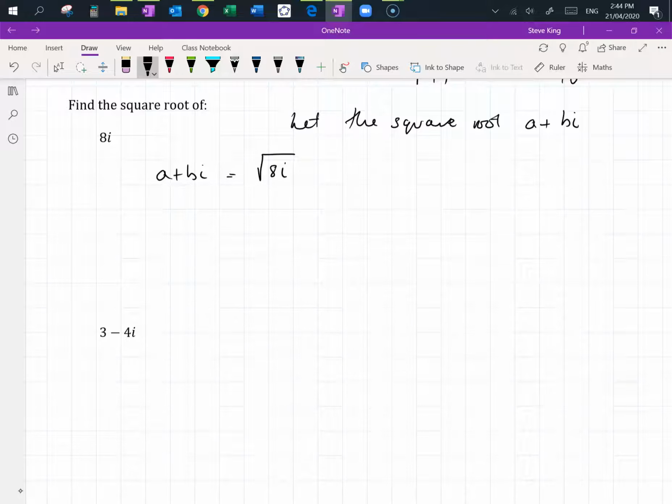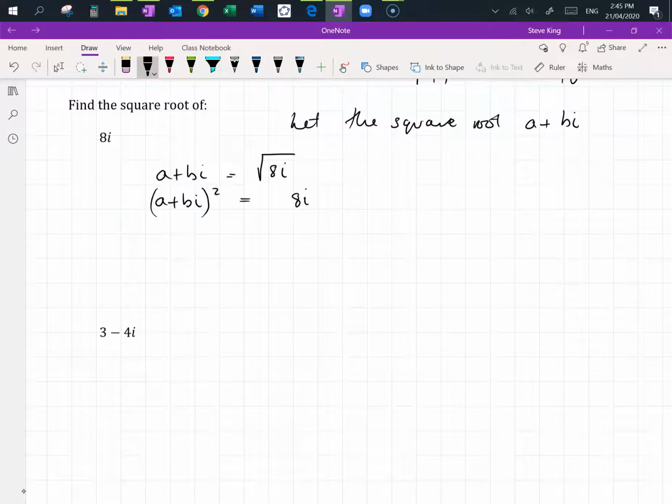In which case I could square both sides and I'll have a plus bi all squared is equal to 8i.